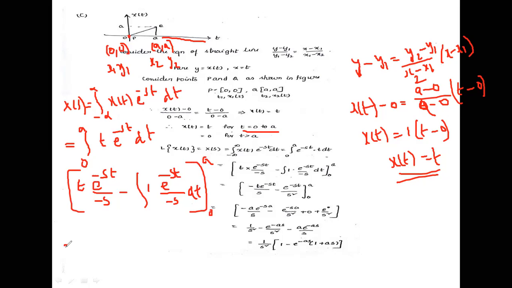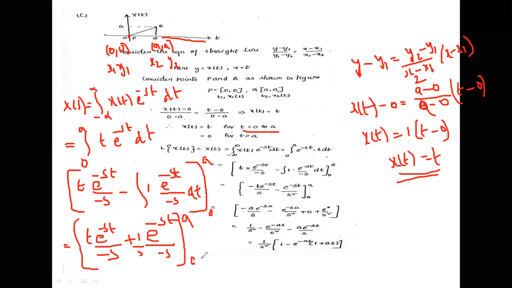Again inside, we take t e power minus st by minus s; minus into minus becomes a plus. Again apply the integral, e power minus st by minus s, and we already have the 1 by s, so 1 by s squared, with upper limit a and lower limit 0.